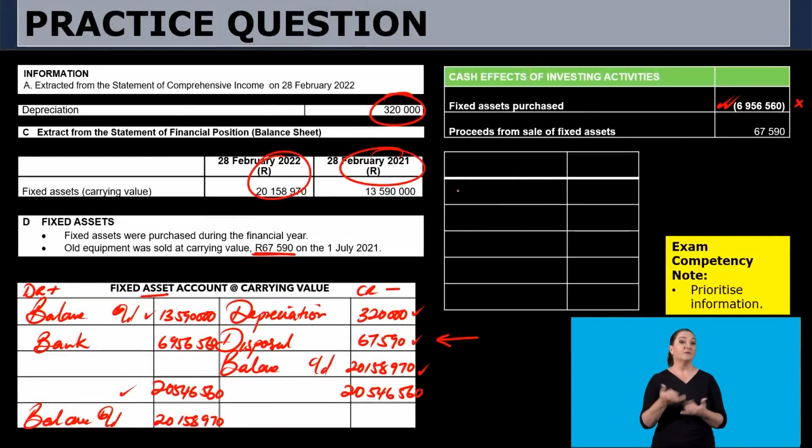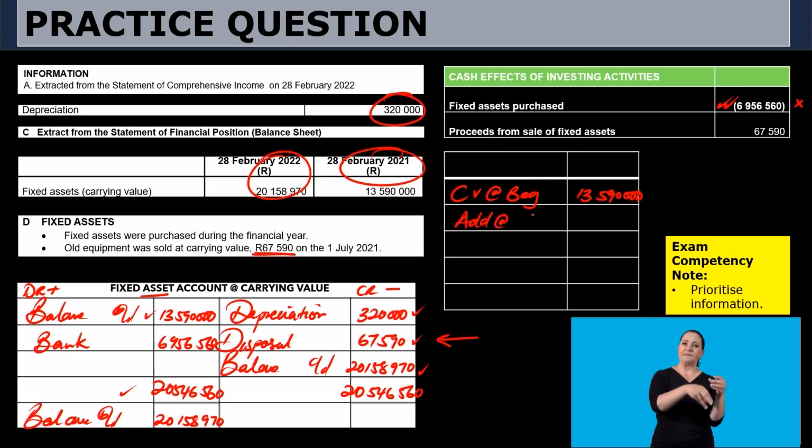With this one, you will now say your carrying value at the beginning, that is going to be 13,590,000. Your carrying value at the beginning. All right, and then you say additions.